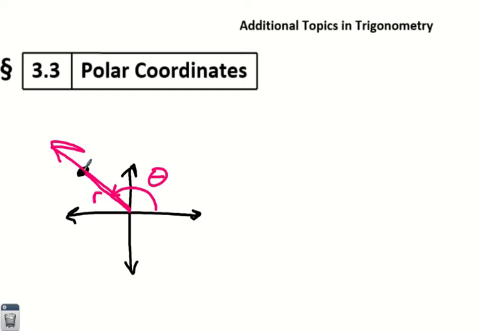Wouldn't those two values be enough to describe any point in this plane? Like how about this point? If you knew the radius of this point as well as the exact angle to get all the way to here, that'd be enough.